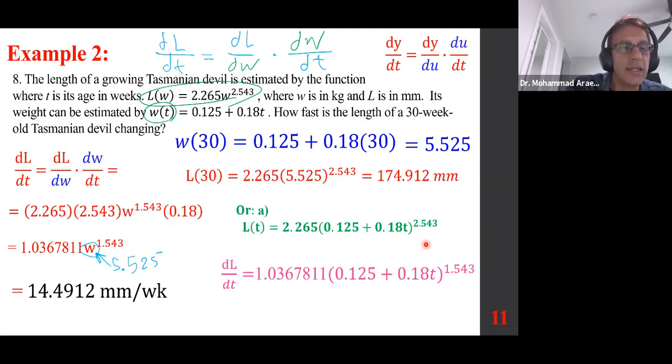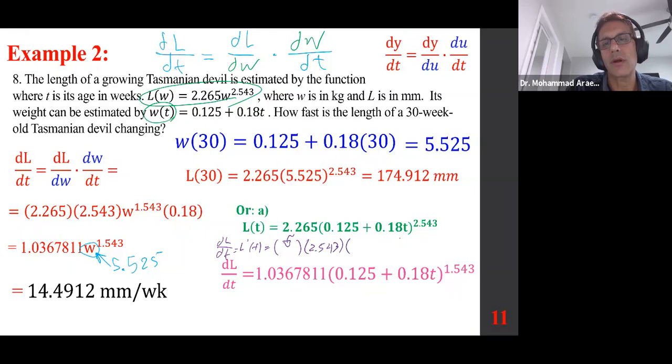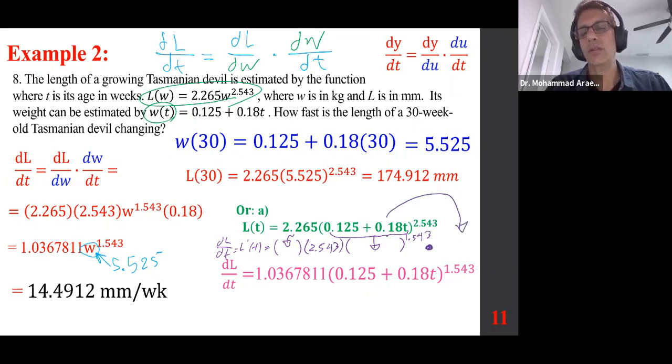So I'm going to write that in case, then it would become dl/dt or L prime of t is this number times the exponent, this number, times the same thing to the power of 1.543, times the derivative of the inside the parentheses, which is 0.18.